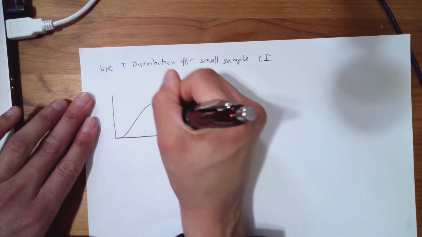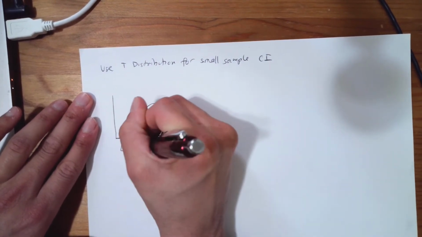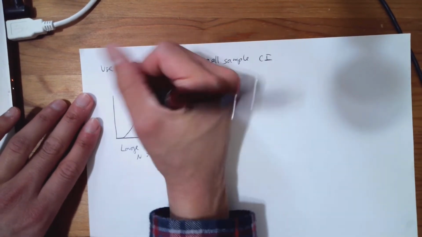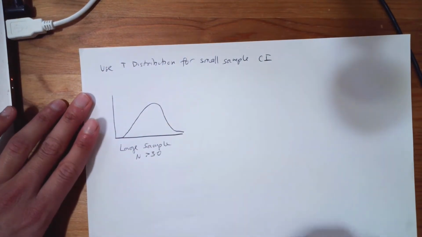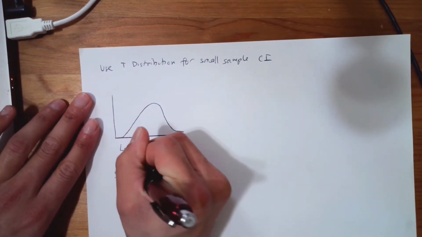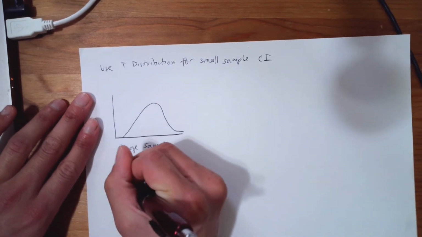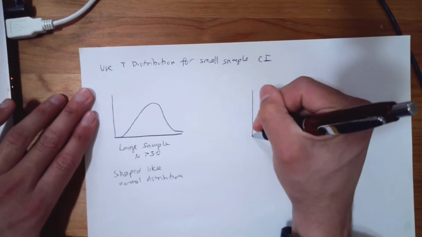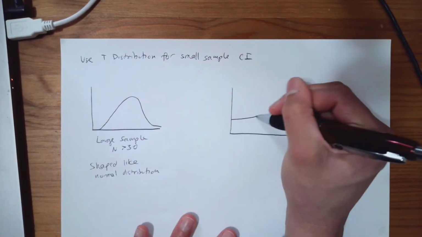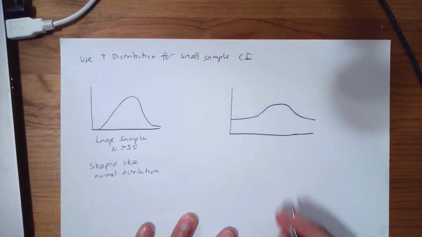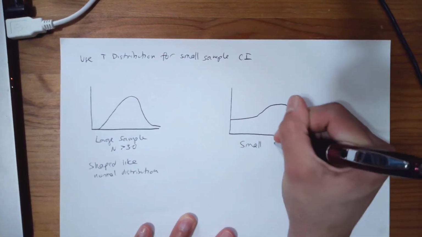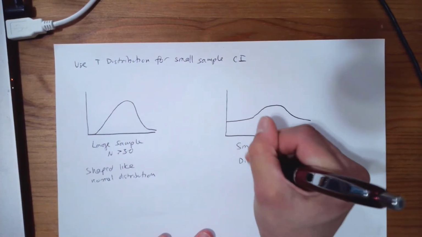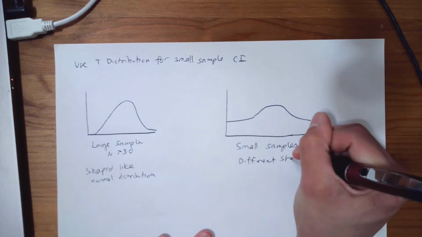For a large sample, where n is greater than 30, it's shaped like a normal distribution. For small samples, you get different shapes, but in general the trend, and this is very exaggerated, you have different shapes.